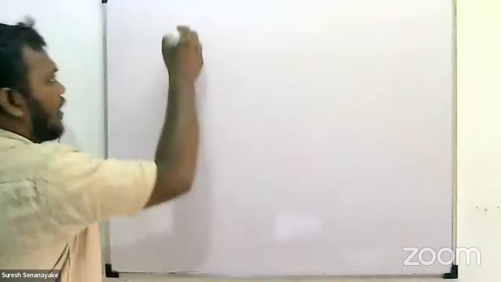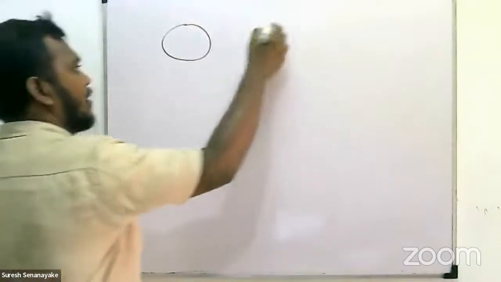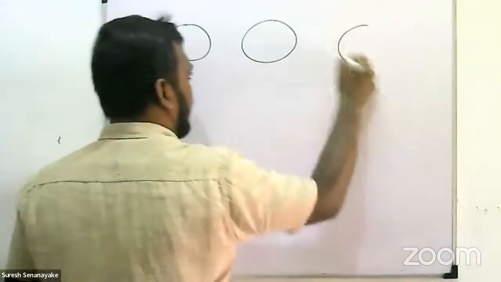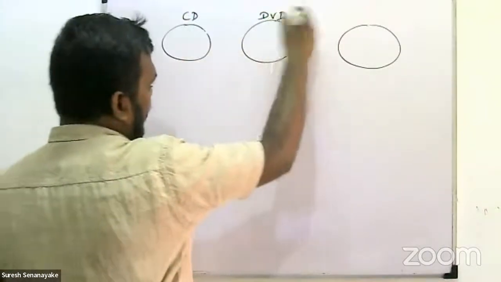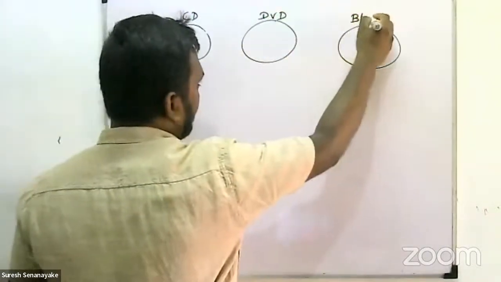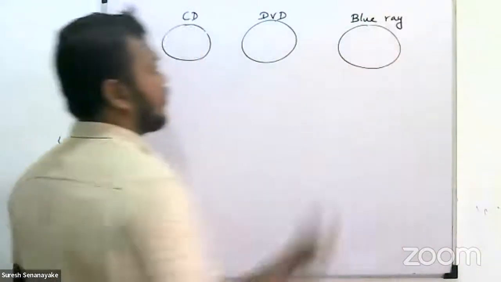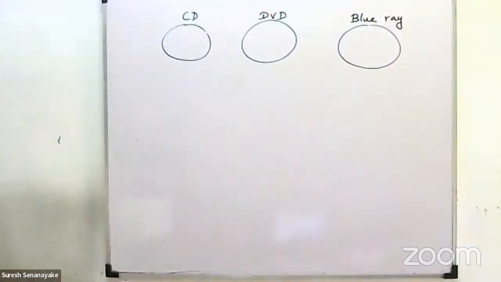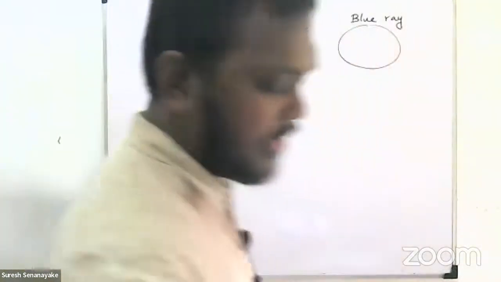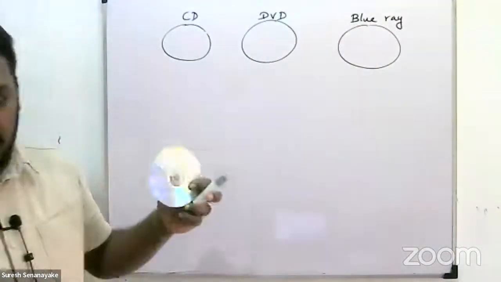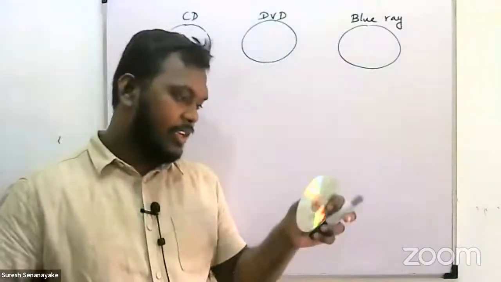දැන් තව පොඩි කාරණයක්. We know that having the CD, DVD and Blu-ray discs. Right. But all of these have the same size. Same size of aluminum CD is like this. This is a CD, right?